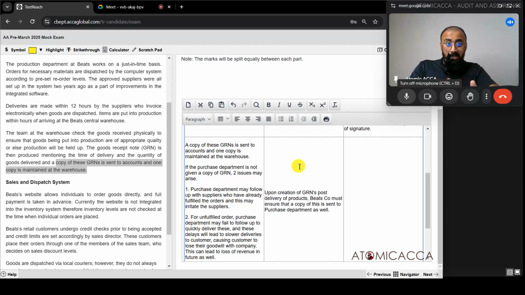Now this is straight up the flip of what is written over here. There it is told that purchase department is not given, so I wrote over here purchase department should be given. So will that be enough? No, I need to push the point further. I have to write something more.